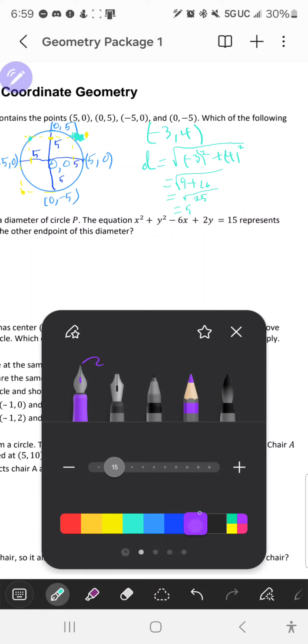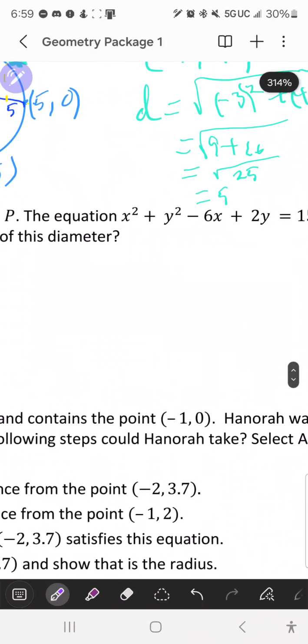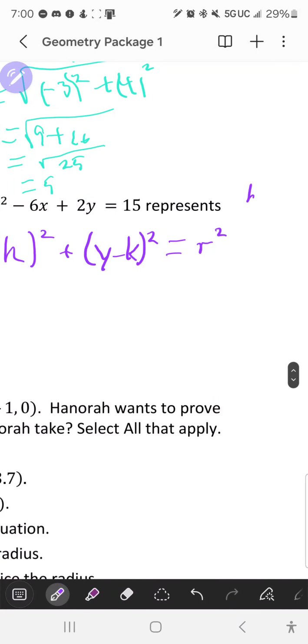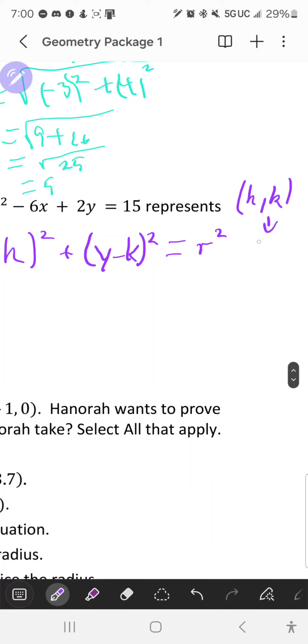And you know that this circle formula is x minus h squared plus y minus k squared equals r squared, where h comma k is the center of the circle and r is the radius.